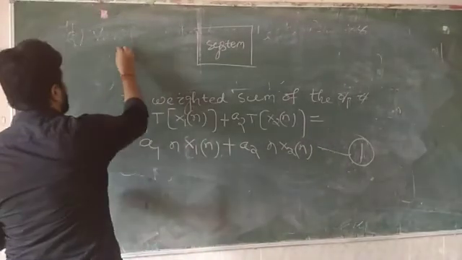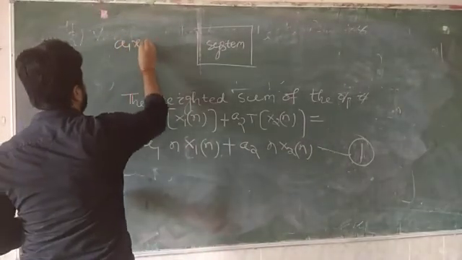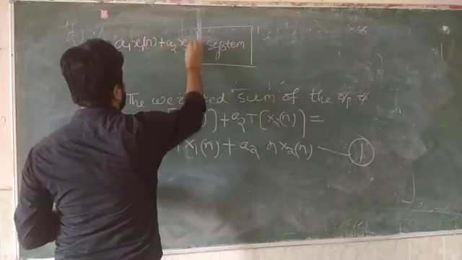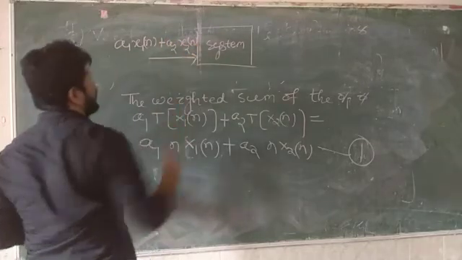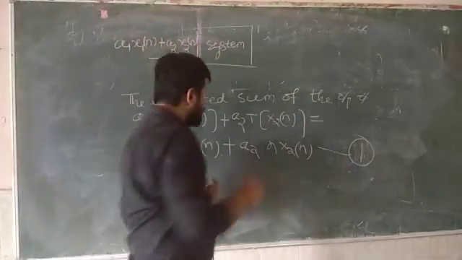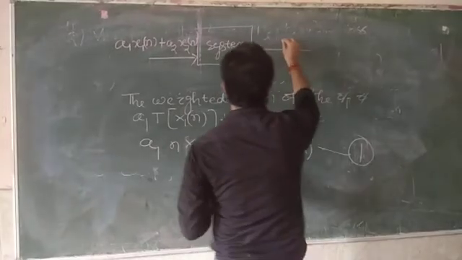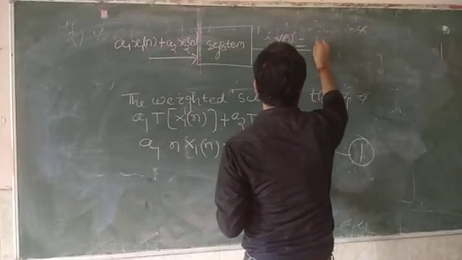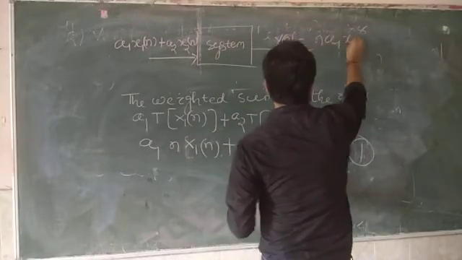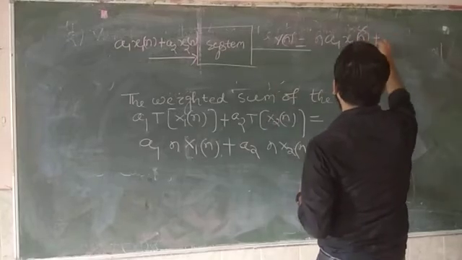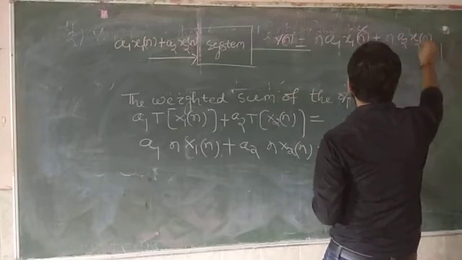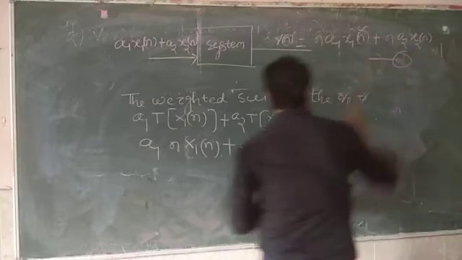So when I apply both the signals as a1 x1n plus a2 x2n simultaneously to this system, then also I get the result, that is yn is equal to n of a1 x1n plus n of a2 x2n. This is your equation 2.